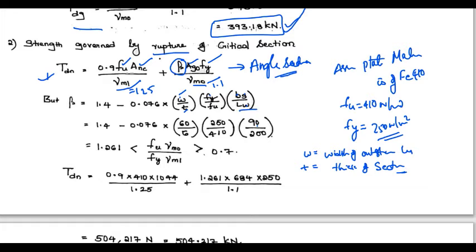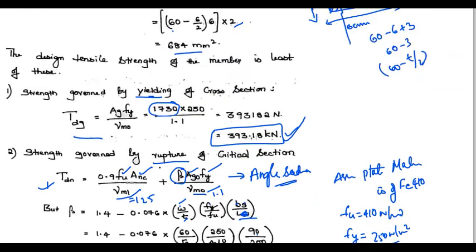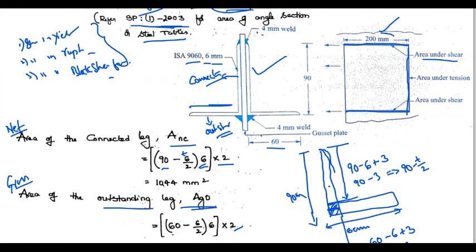What is Lw or Lc? In some cases we show Lc or Lw. That is nothing but 200, over which this weld is provided. The distance between the starting and ending point of the weld is done for a length of 200 mm, as you can see in this figure.